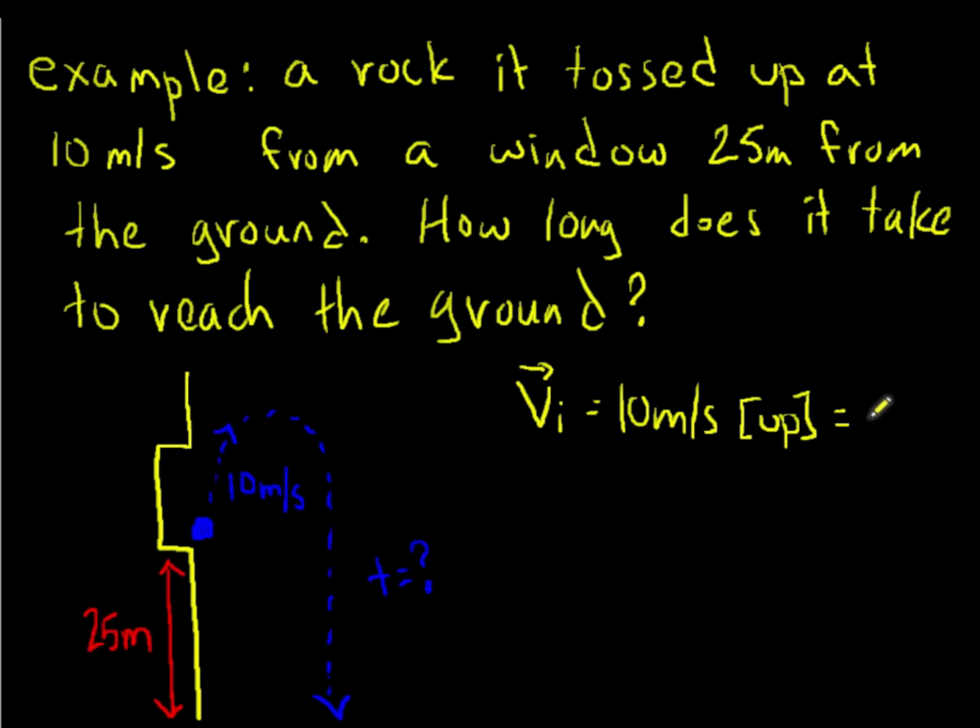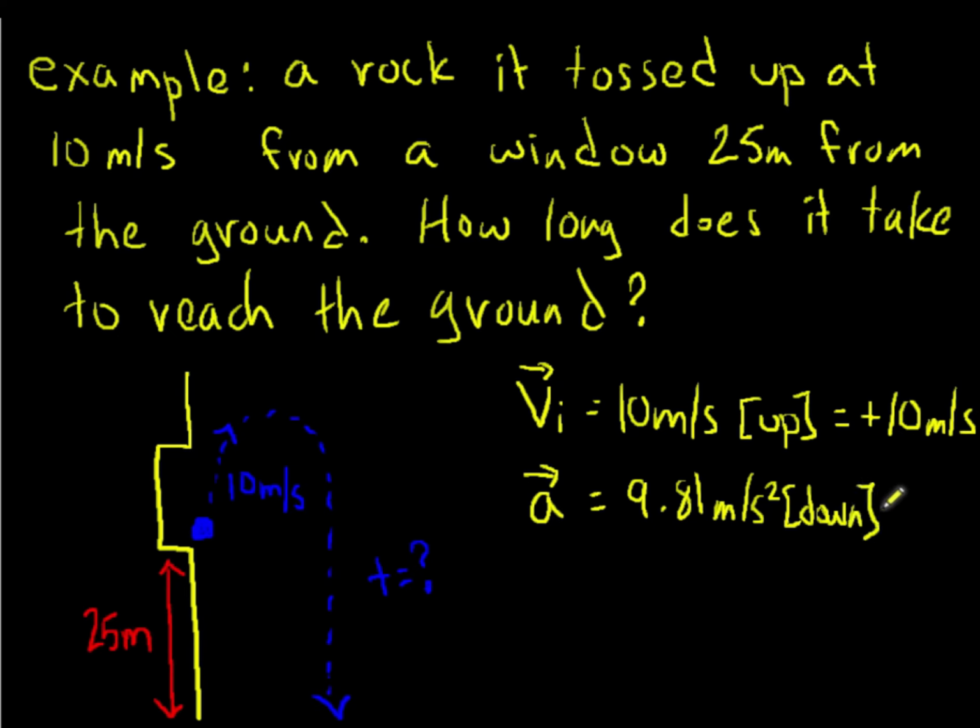Vi is 10 meters per second up. We write this as positive 10 meters per second. The acceleration is gravity, 9.81 meters per second squared down, which is negative 9.81 meters per second squared. The displacement, and here's the important bit, is 25 meters down.